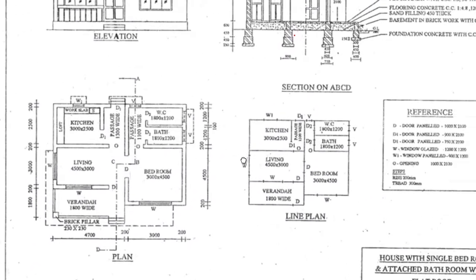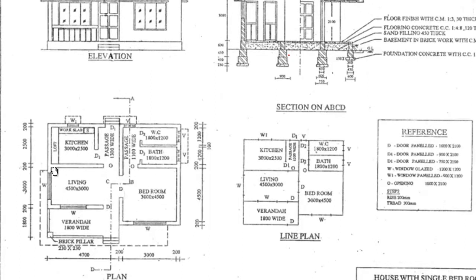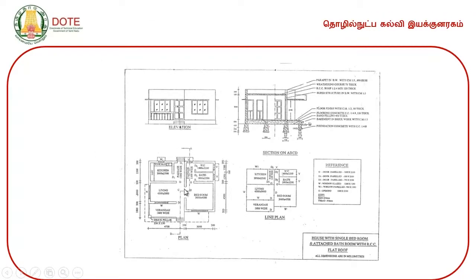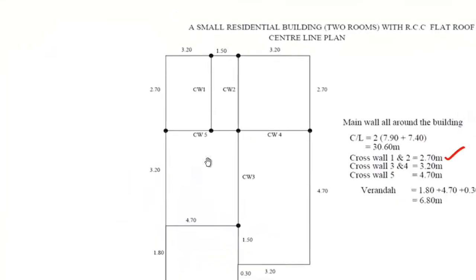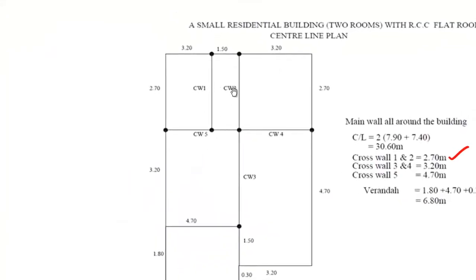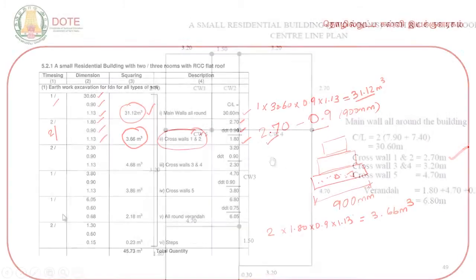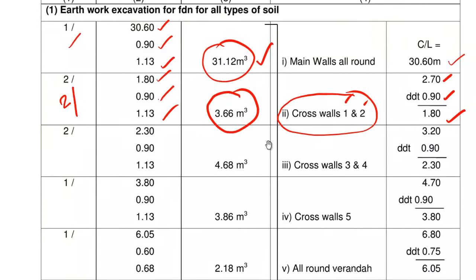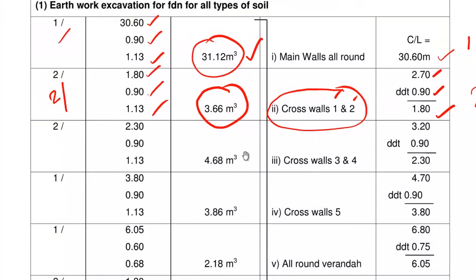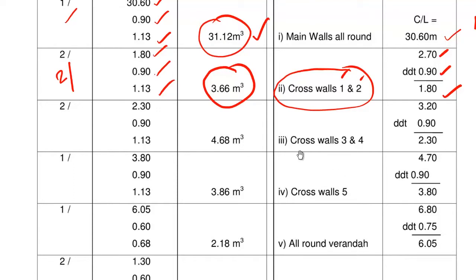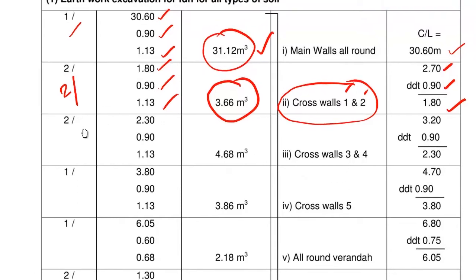In this class we are going to see cross wall 3 and 4, and cross wall 5. Cross wall 3 and 4, 2 numbers.